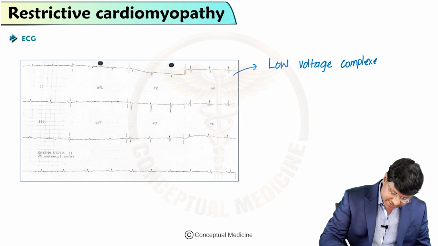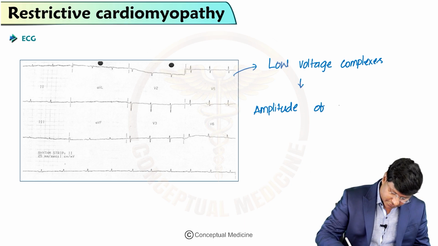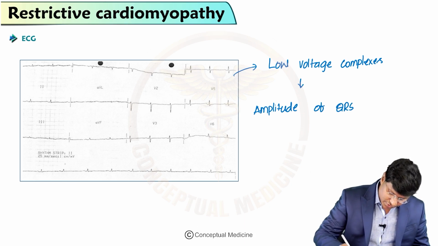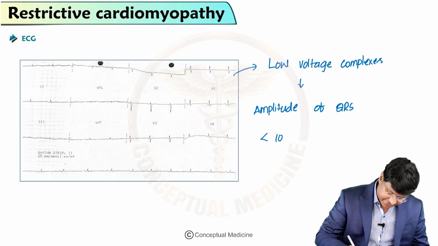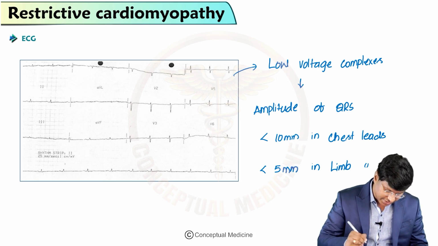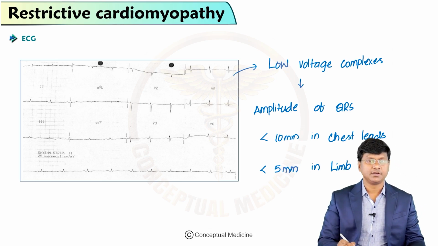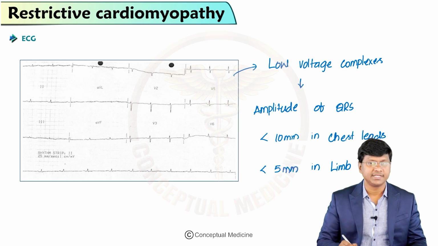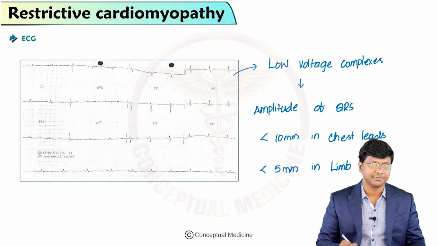It is where the amplitude of QRS complexes is less than 10 mm in chest leads and less than 5 mm in limb leads. This is the definition of low voltage complexes, and that is what you will see in patients with restrictive cardiomyopathy.